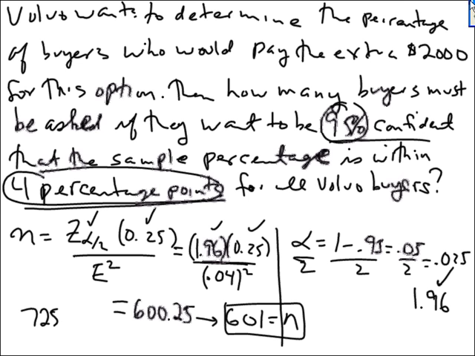If you survey 725 people, then you'll also be within 4% if you survey 825 people or 727 people. If this number works, anything above will work. Now the problem is, if you go down to 600, it probably won't work, because it has to be 600.25 to work. Of course, you can't ask 600.25 people, so you ask 601 people. And that's the answer. And that finishes this section.